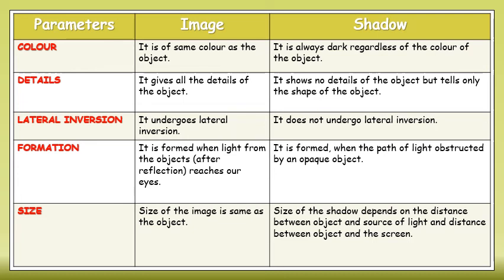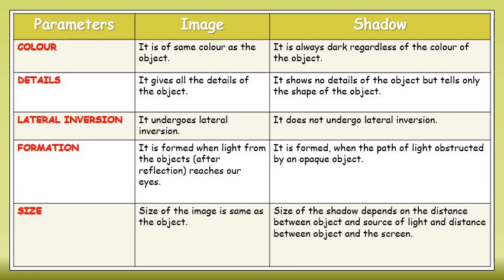Now the first is color. You know, image is of the same color as the object, while shadow is always black in color, or you can say that it is always dark in color. Next, image shows all the details of the object, while shadow does not show all the details of the object.